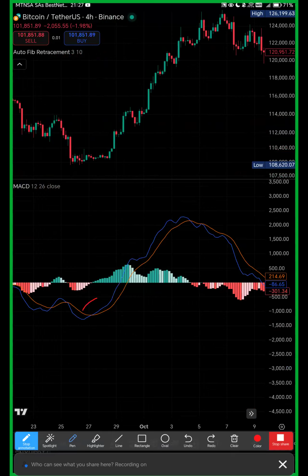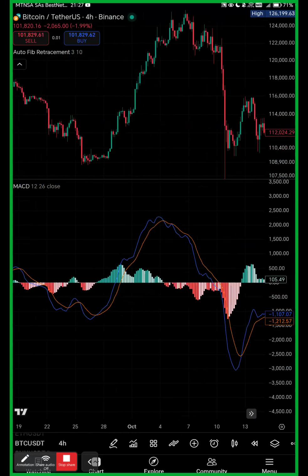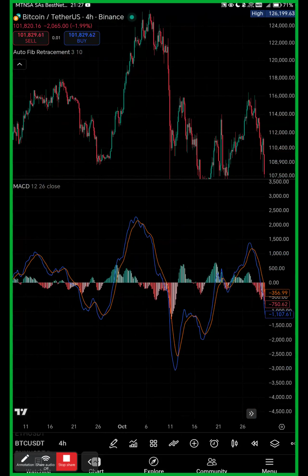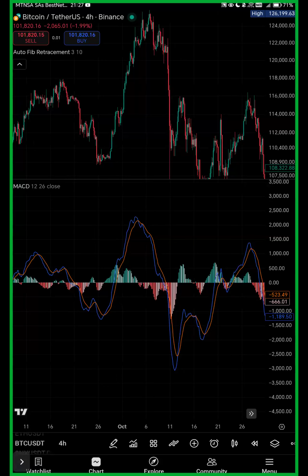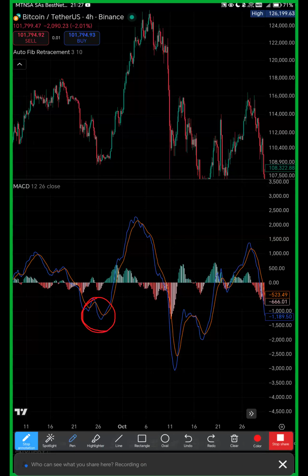Since the price is coming from below, it has been trending downward. If I bring my screen like this, you can see that this was a downtrend over here. The market has been trending downward. So when it was coming from the bottom, when the crossover happened here, the market started to build up until it went up there.